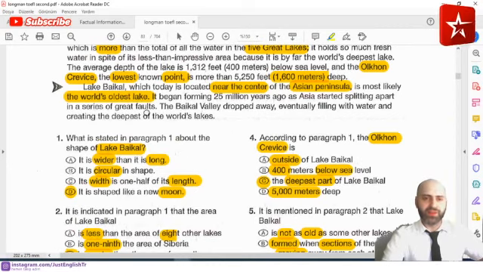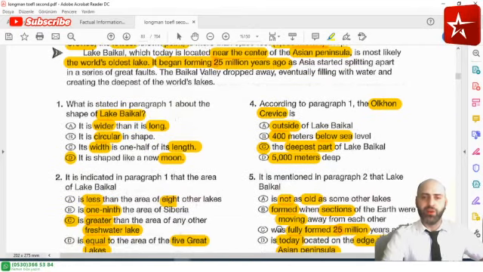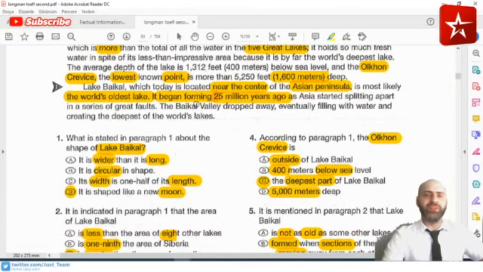Then I continue reading. "It began forming 25 million years ago." I remember 25 million years ago, and it began forming. I check, "was fully formed 25 million years ago," and "it began forming 25 million years ago." Do you think it's the same? Do you think answer C is correct?